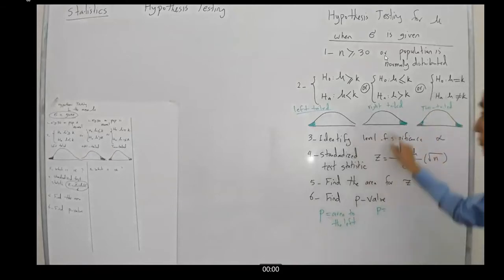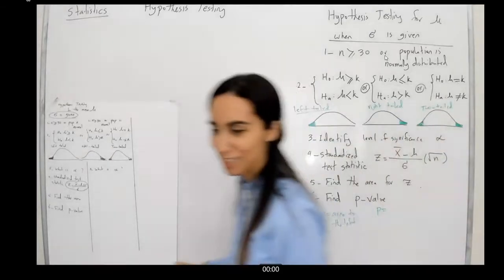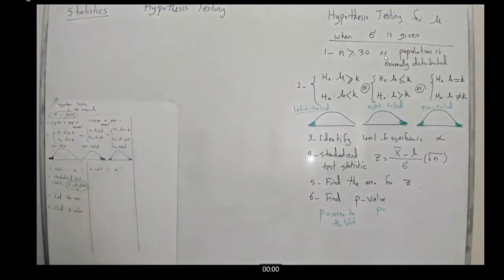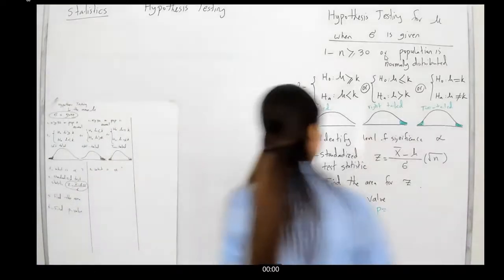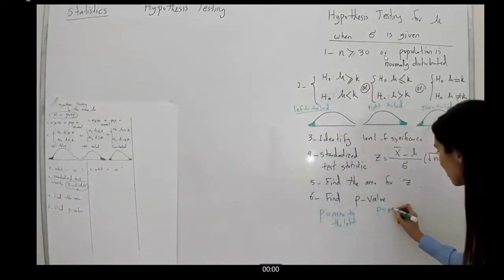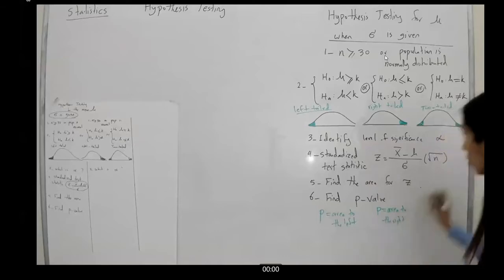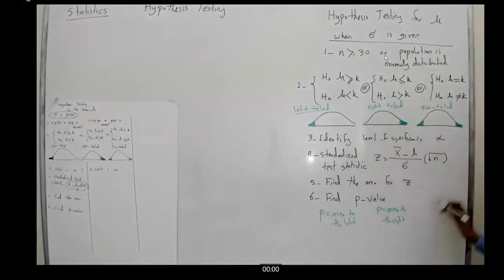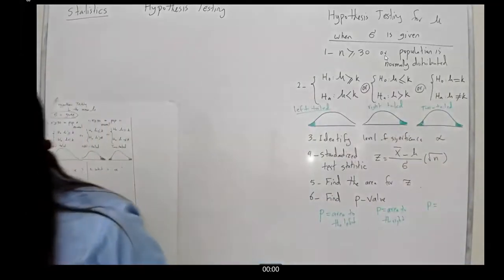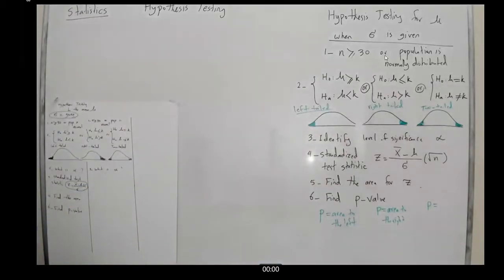Or if you have a right-tail graph, what's the p-value? Area to the right. What if you have a two-tailed graph? What is the p-value? 2 times the area in the tail.